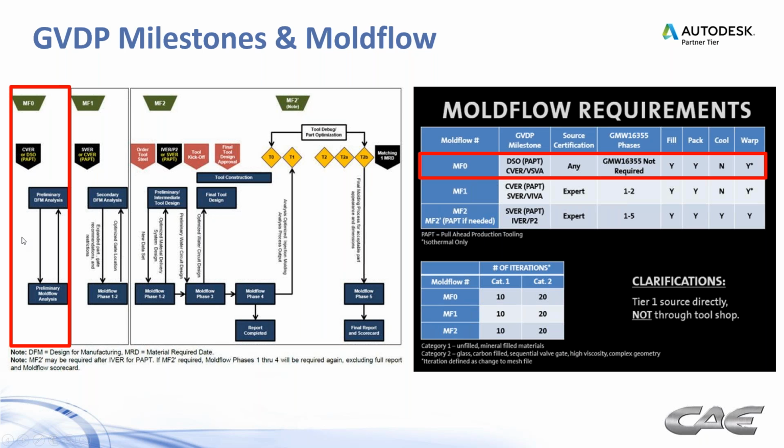And this is the 30,000 foot view Moldflow. During this phase, you're looking at filling, packing, and warp analysis. Obviously, we're way ahead of mold construction here, so you won't have a cooling design to really look at. But it's taking a look at whether or not this part is manufacturable, in the early design stages.